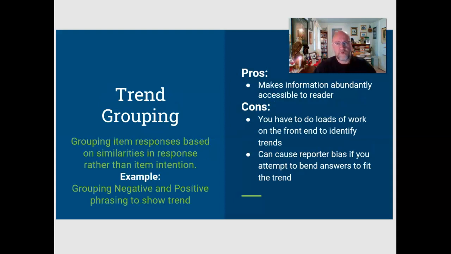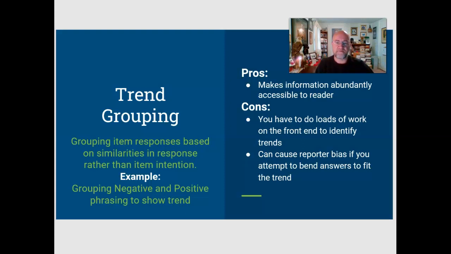Third idea is trend groupings. These are grouping item responses based on similarities in response rather than the item intention. So you're grouping the negative responses and positive responses to show a trend. Right? This really helps readers understand the information and it makes it much more accessible to readers. So if you're looking for trends, this might be a good way to go.